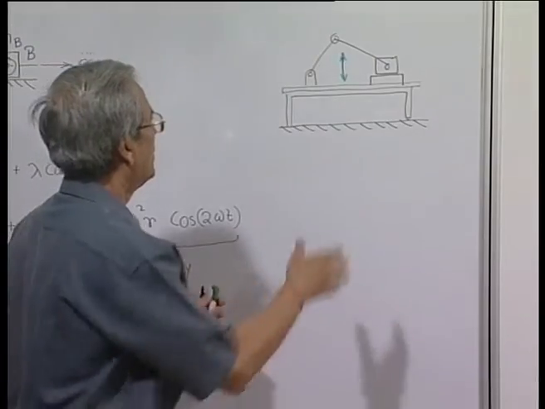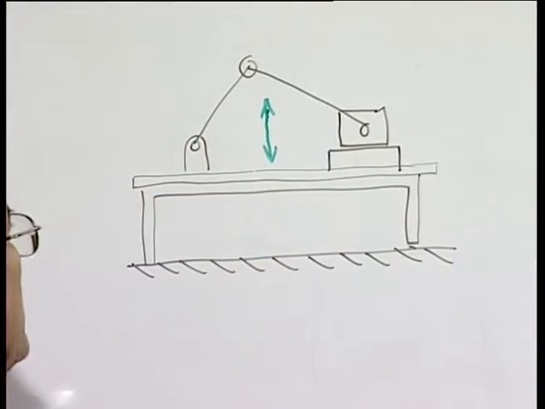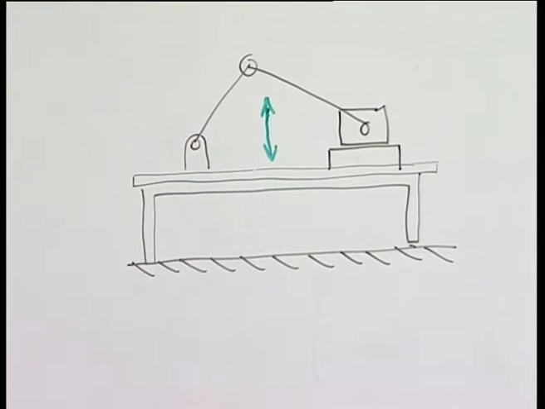So, if we can generate a force in this direction, but completely remove the force in this direction, it is sometimes an acceptable solution.